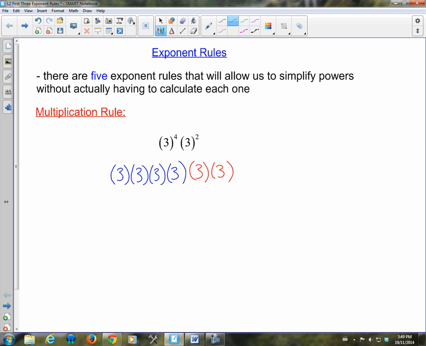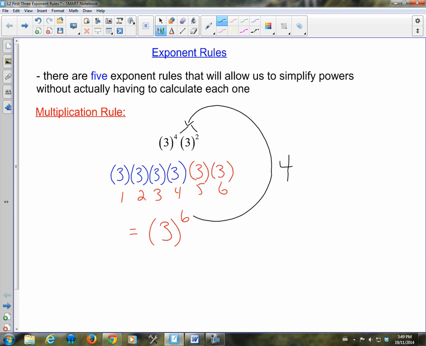So all together, when I'm multiplying 1, 2, 3, 4, 5, 6 3's, which would mean I would have 3 to the exponent 6. So the question really is, how is 6 related to the 2 exponents I started with? And if you're pretty good with some simple arithmetic, you're going to notice relatively quickly that 4 plus 2 equals 6.